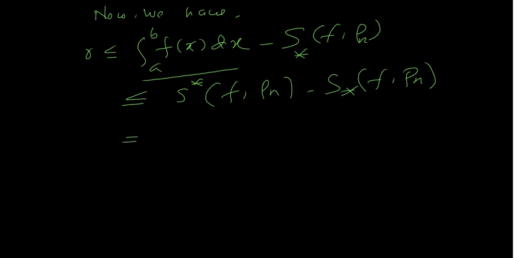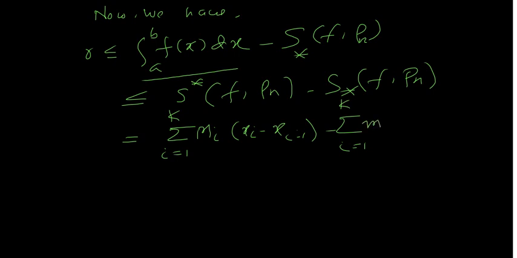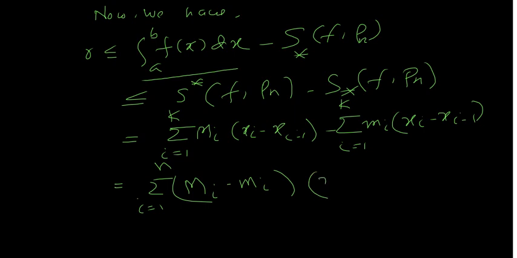So that means this is actually the summation, i runs from 1 to k, of capital Mi times (t_i minus t_{i-1}), minus the summation, i runs from 1 to k, of small mi times (t_i minus t_{i-1}), and that's equal to the summation, i runs from 1 to k, of (capital Mi minus small mi) times (t_i minus t_{i-1}). Okay, I will write this sum as V plus W.